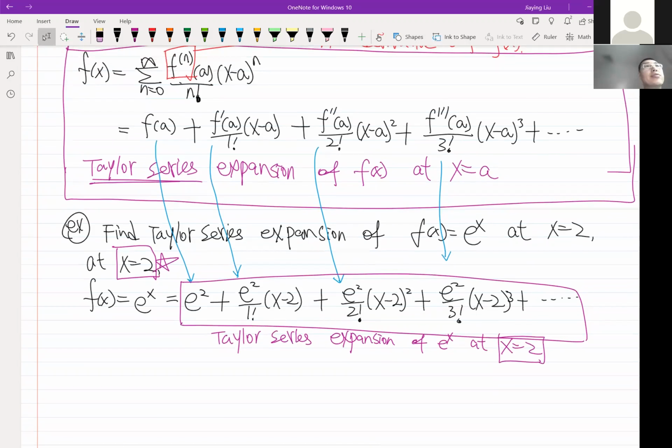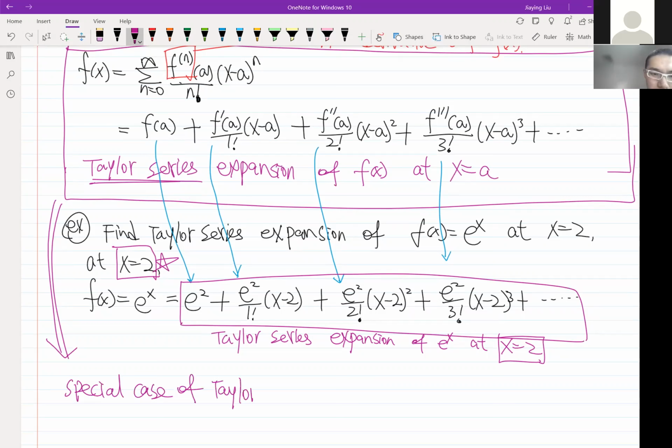Now, before I move on to another example, here's a special case of Taylor series. Taylor series is for expansion of a function at x equals a, but what if x equals 0?